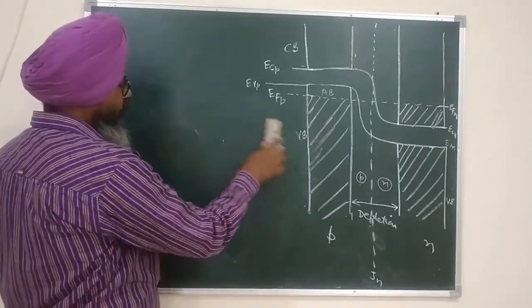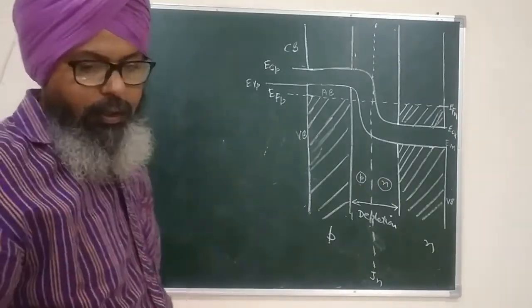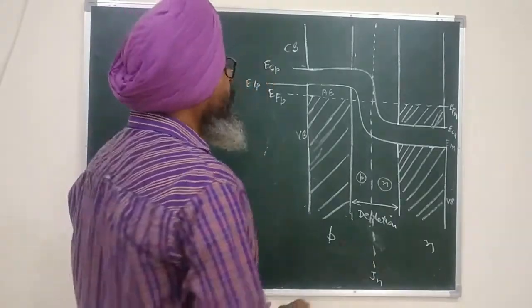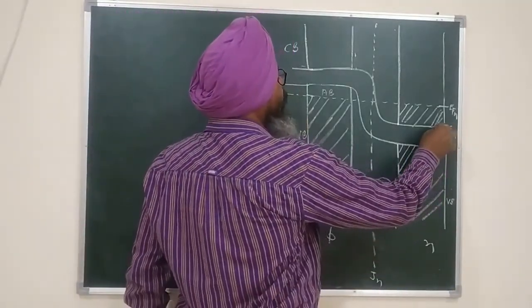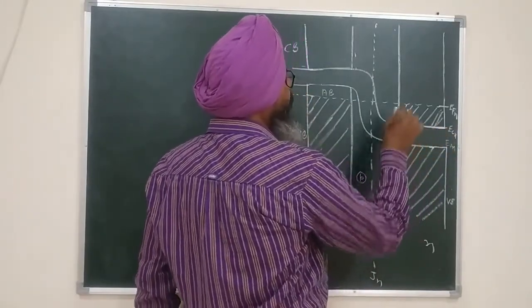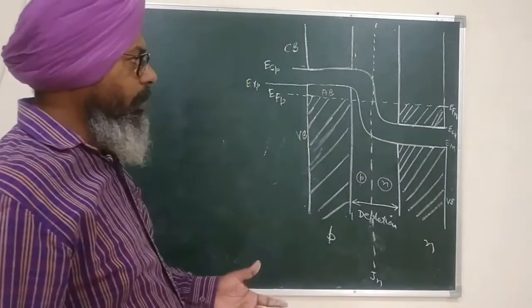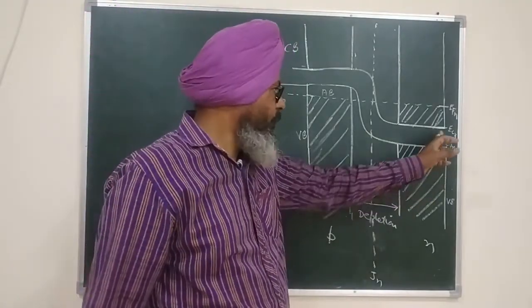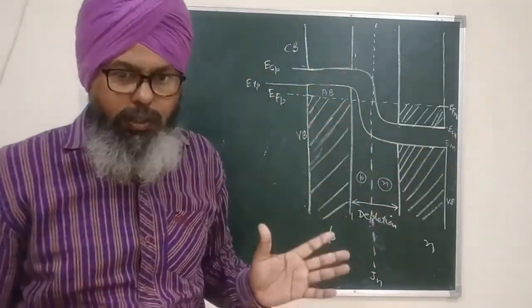So now what are you seeing? This is a horizontal surface, or in two dimensions a horizontal line. It means the energy from here to here is not changing.